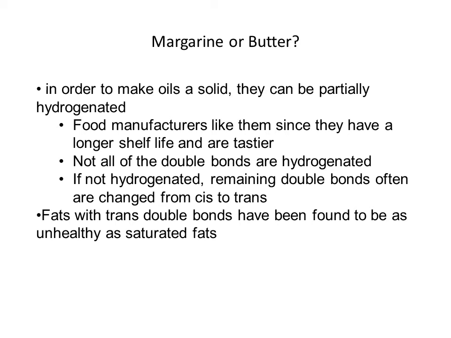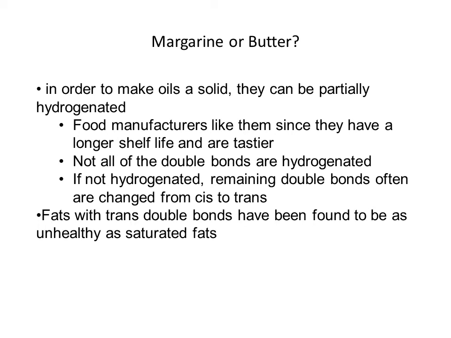Now we know that when we hydrogenate a double bond, that part of it becomes like an alkane or saturated. So if we were to completely hydrogenate a plant source oil with a cis double bond in it, it would become a saturated fatty acid.